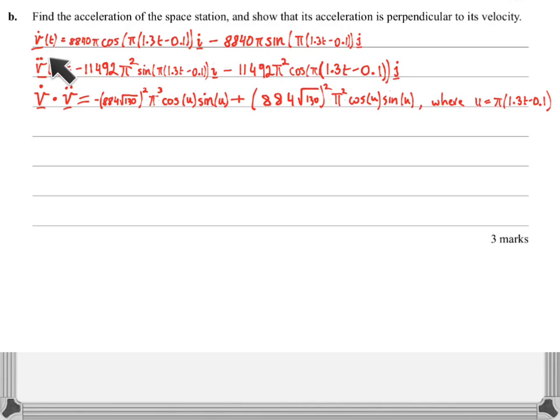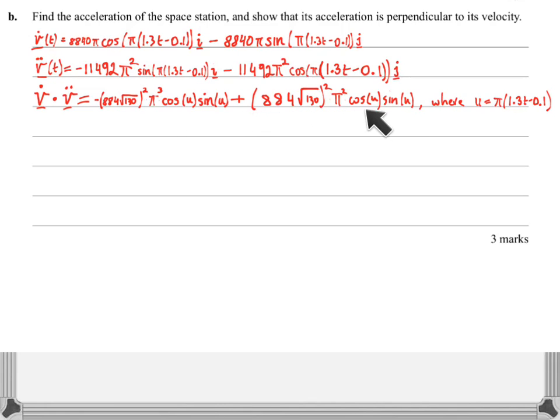This is a pretty big number, 8,840 times 11492. You can express it in a simple way: I took the square root of the number and then squared it, and I've got it as the third squared. It's a convenient way of writing it down so we can fit it in the space.